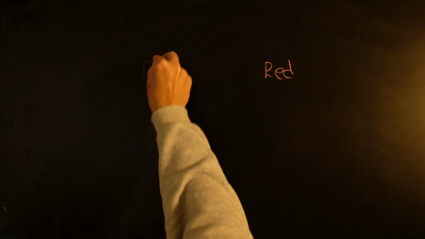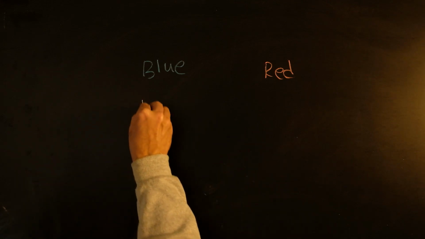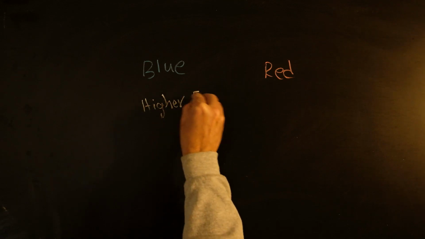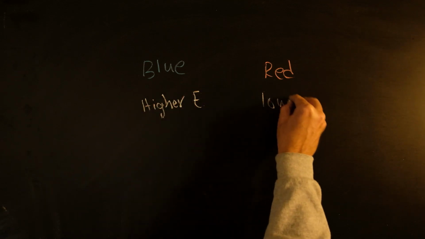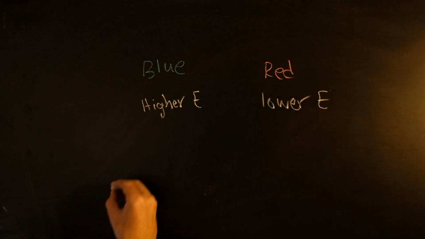Now let's talk about the relationship between colors, energy, and wavelengths. So if you remember, we have red on one side and we have blue on the other side. So in terms of energy, this is higher energy, this is lower energy. It's the same for temperature.